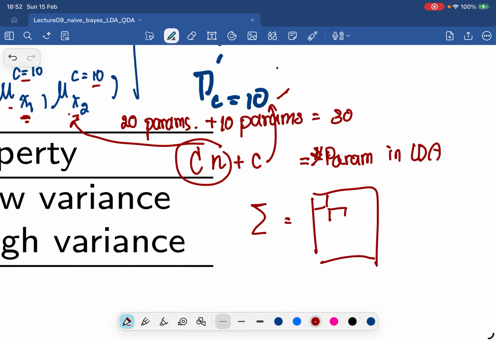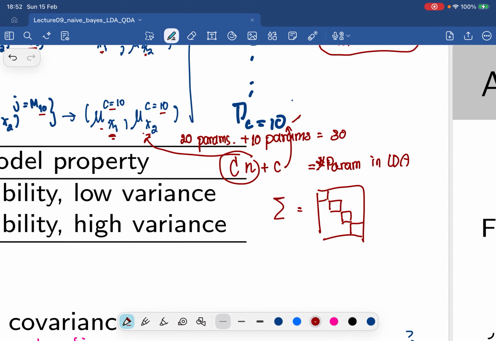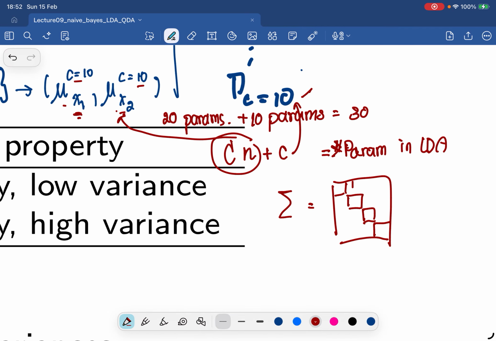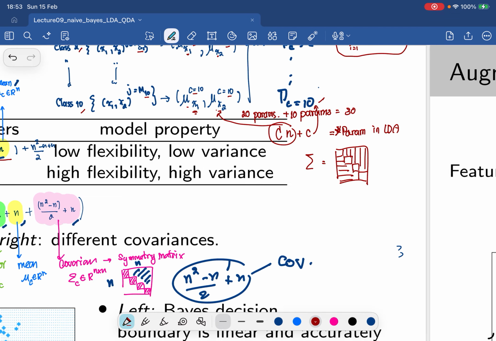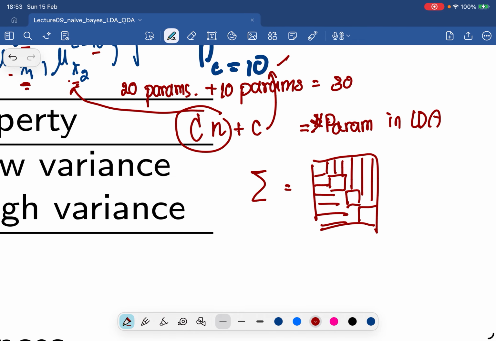So the diagonal is important, and whatever is above here will be the same as whatever is below here because it's symmetric. That means for the number of flops, you only need to count this part, and this part.